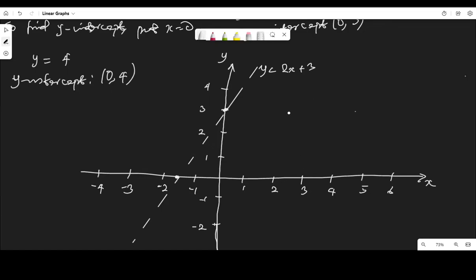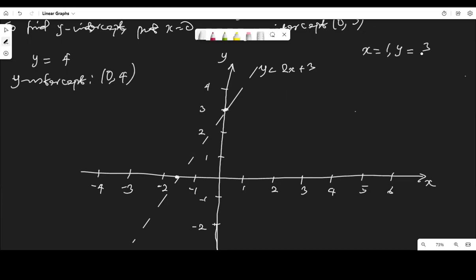I'm going to take any point and test it to know which point satisfies this inequality. So I will take this point, x equal to 1, y equal to 3, into the inequality and test it.